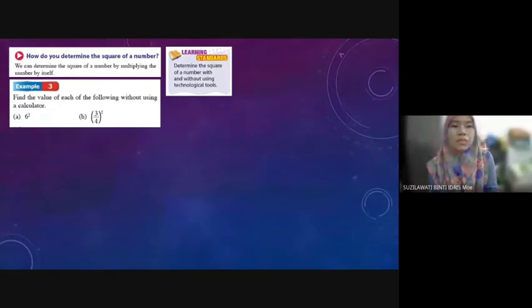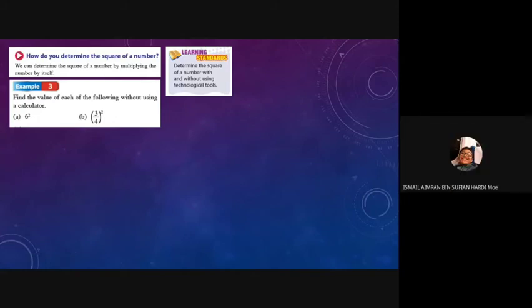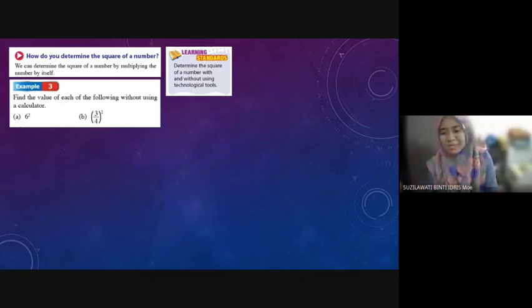How can we determine the answer, the square, without using a calculator? Who knows the answer? What is the answer of 6 square? 6 times 6. 36. Very good.